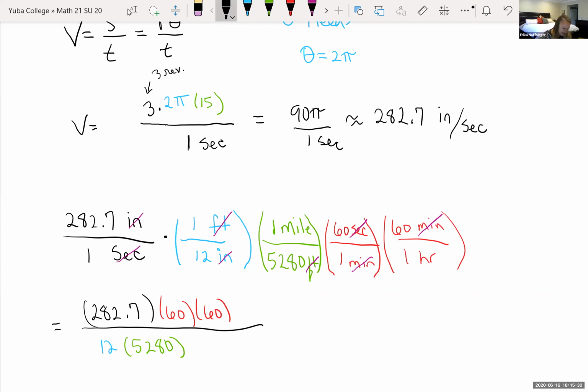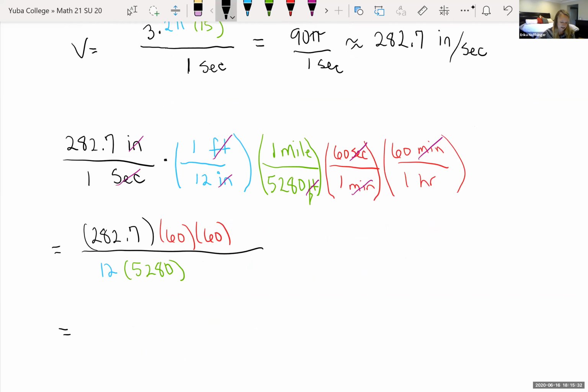And so if I multiply this out and I divide, I get 16.1 miles per hour. And it's approximate, so I should technically put not equals, I should use an approximation sign, which is that squiggly equal sign.